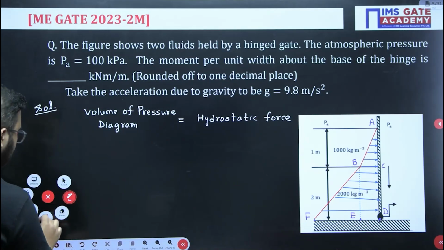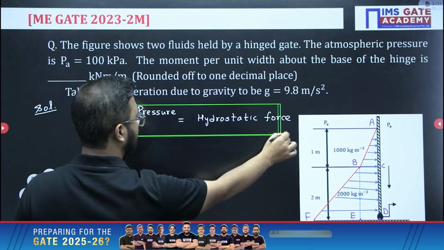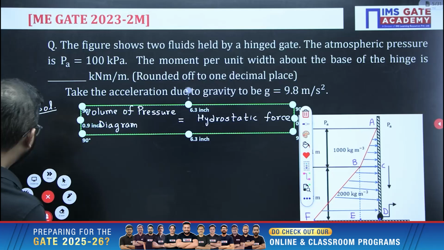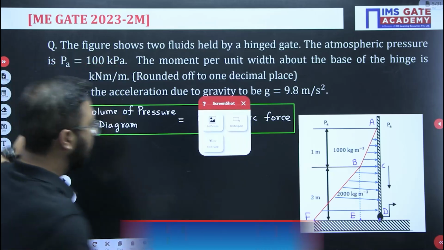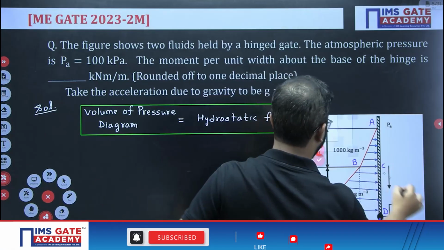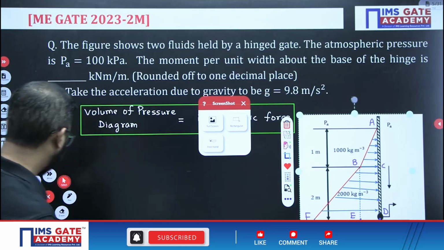So this is the concept we should remember. Right. Now, we will better take this diagram on the next page, and then we'll do the detailed analysis of the forces part.